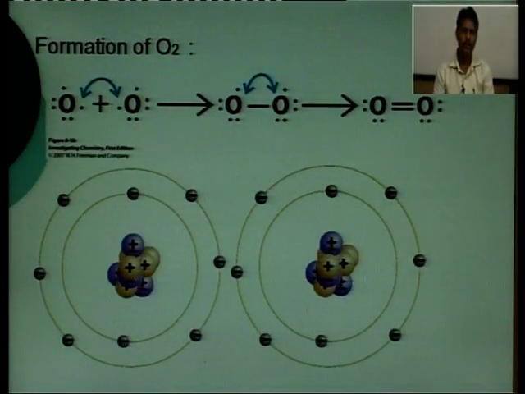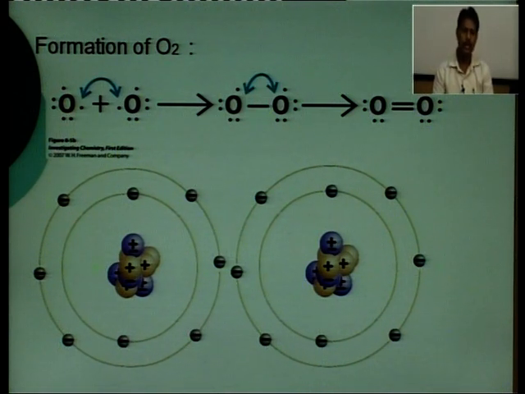Another example is the oxygen molecule. The atomic number of oxygen is 8 and the configuration of oxygen is 1s2, 2s2, 2p4. The valence shell of oxygen has 6 electrons, and 2 electrons are in the inner shell.